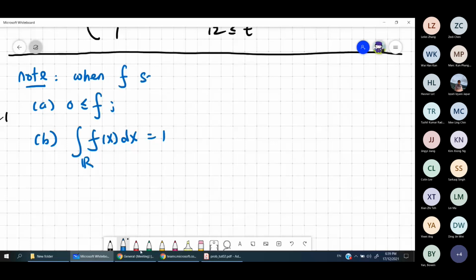When f satisfies A and B, then f is a PDF. That means f can define a proper probability. So basically, we just need to verify condition A and condition B. The first one is always very clear. The only one we need to verify is the second one.